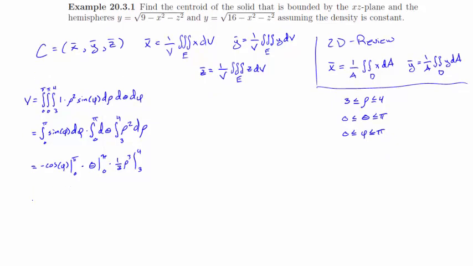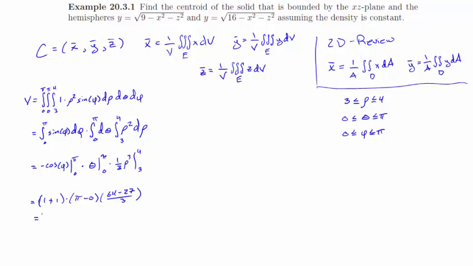So this equals cosine of pi is -1, but negate it to get a 1, minus, and then it's negative, so plus cosine of 0 is 1, times pi minus 0, times 4 to the third is 64, minus 27, all over 3.